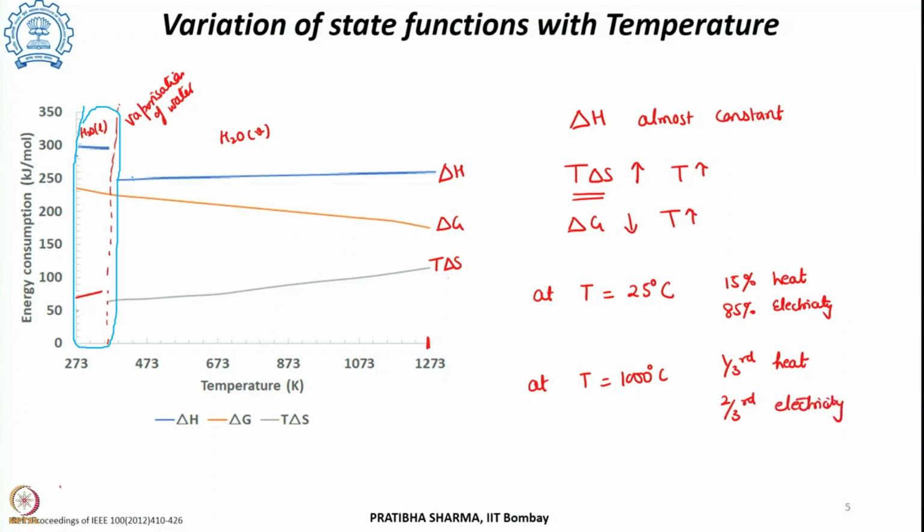That's why the shift is here. And delta G is a little lower, and T delta S will be in a little upward direction. The value is a little higher when the temperature rises.